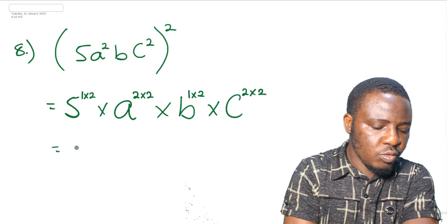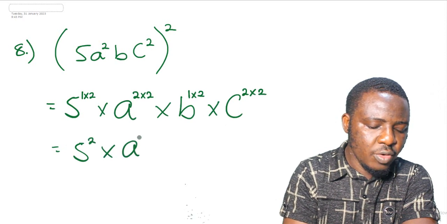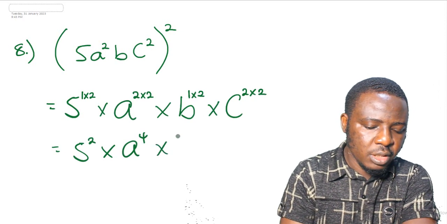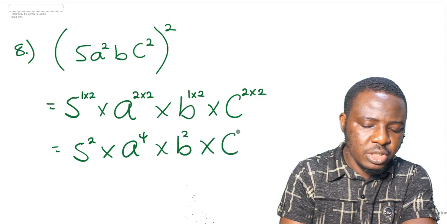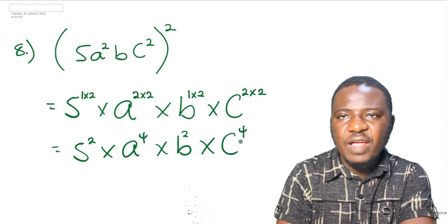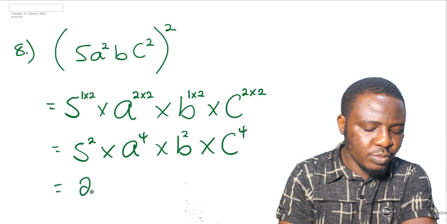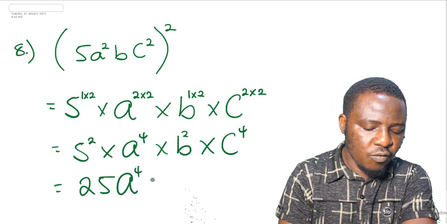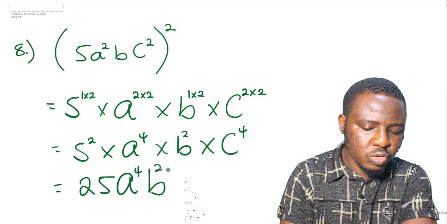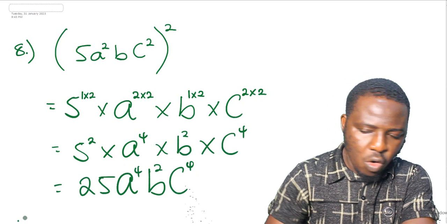So this is equal to 5 squared times a raised to the power of 4 times b squared times c raised to the power of 4. 5 squared is 25. So this becomes 25 a raised to the power of 4 b squared c raised to the power of 4.